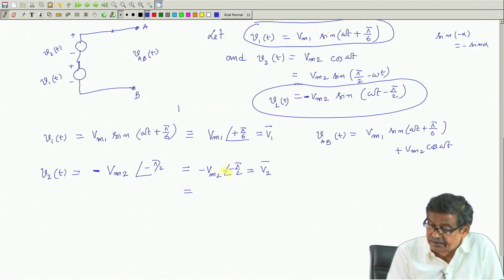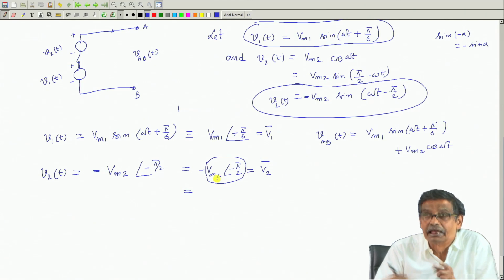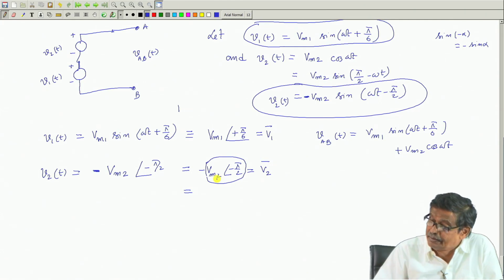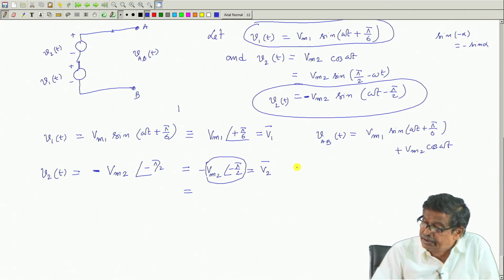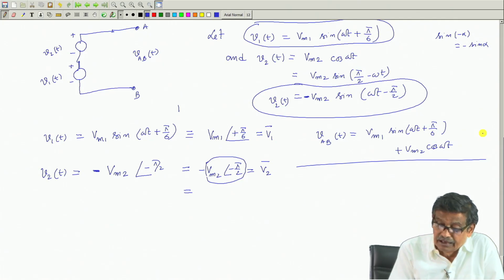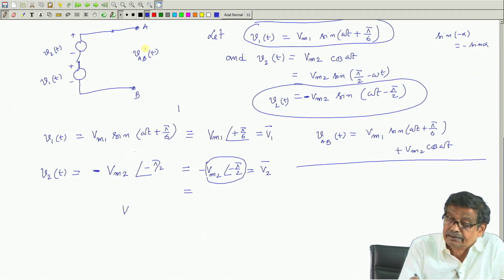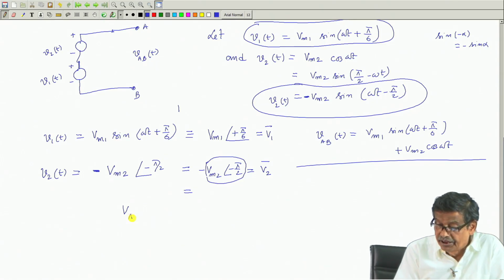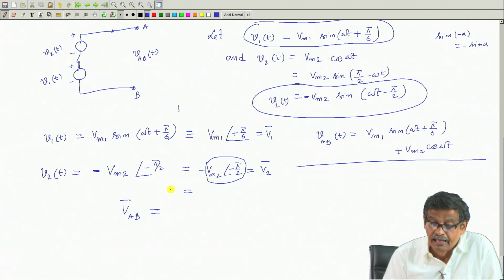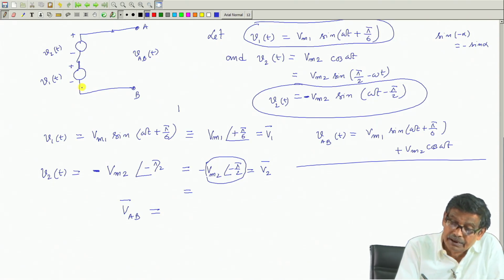So, this is V2 bar, this phasor; I can draw it with magnitude and angle, and then its negative. Now, Vab(t) can be done like this. In phasors, I will say the potential of A with respect to B, no time I will show, and this will be equal to minus to plus.